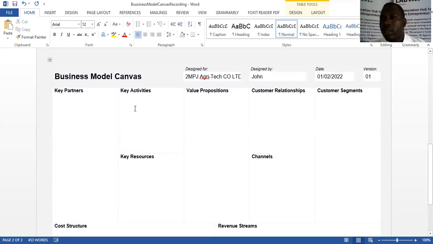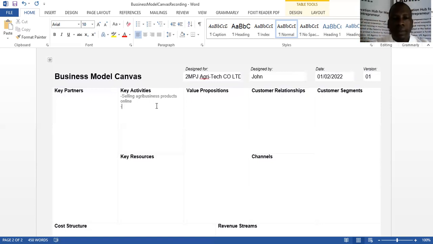Then we start with the key activities. First of all, you need to identify the key activities that this business will deliver. For example, let's say this maybe will be selling agribusiness products online. That is one activity. The second one, maybe it will be like the wholesale or the middleman.